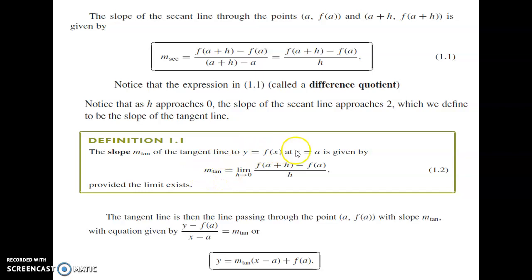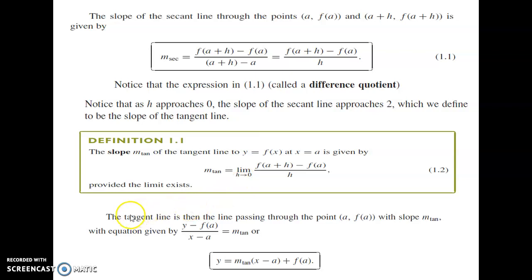So this is the formula for the slope of the tangent line. The difference between the slope of the secant line and the slope of the tangent line is that the first is just a difference quotient, and for the tangent we find the limit of this difference quotient with h tending to 0.